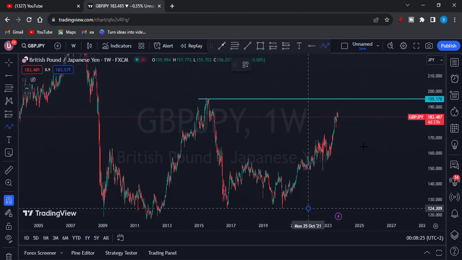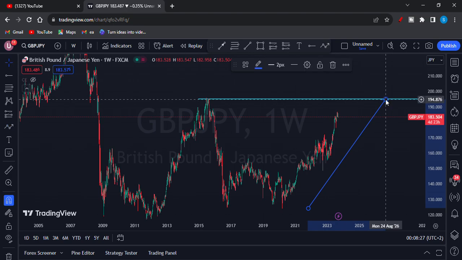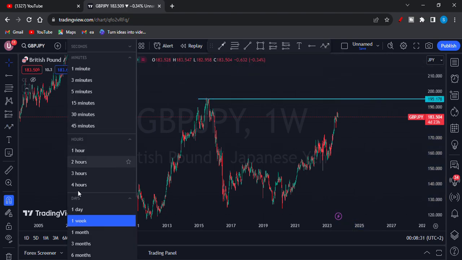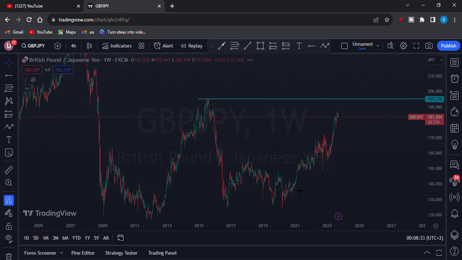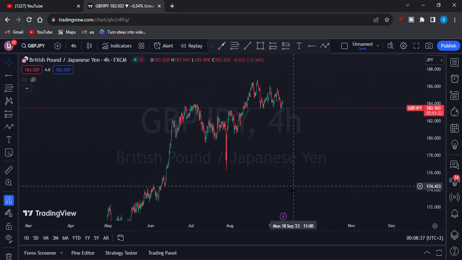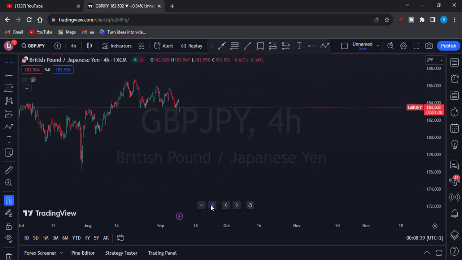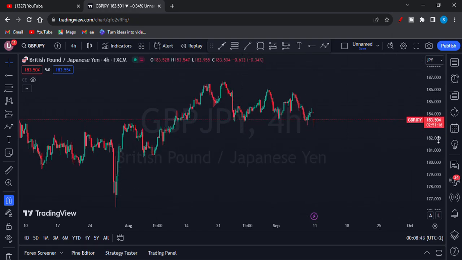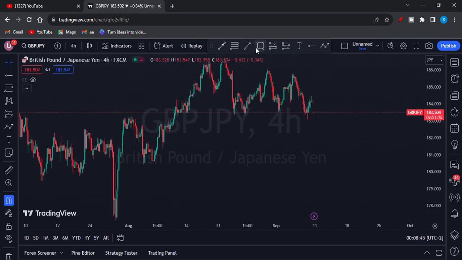On a weekly, we are on an uptrend. And then let's go to our 4-hour. Then let me blow up everything so that we can have a clear market structure.